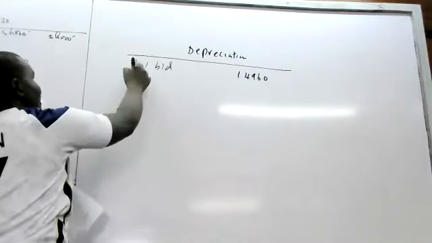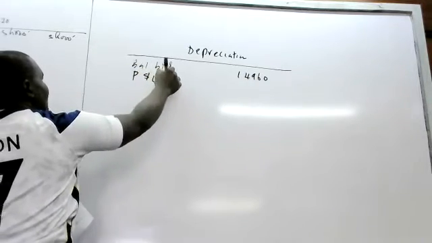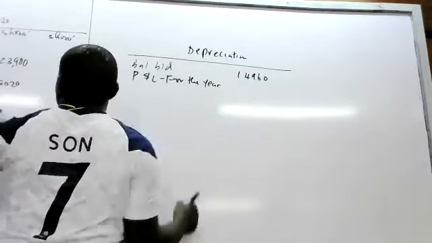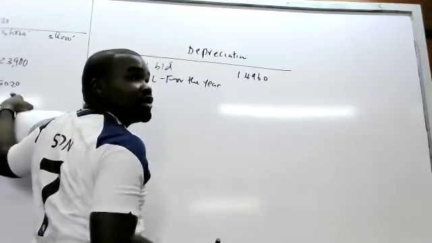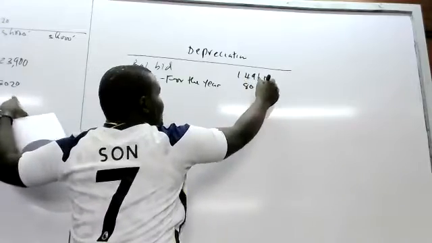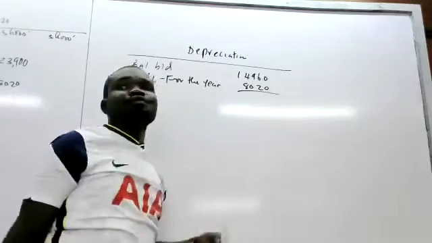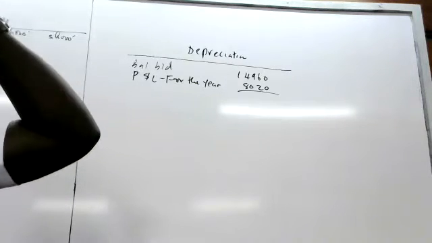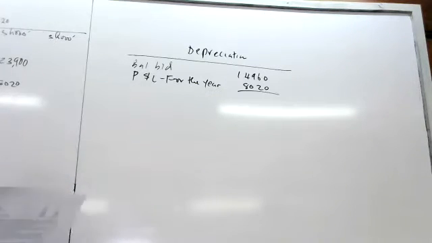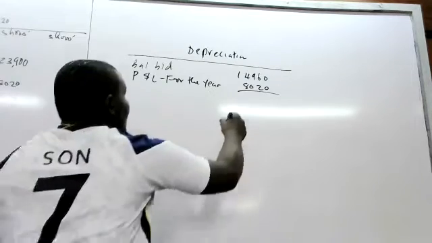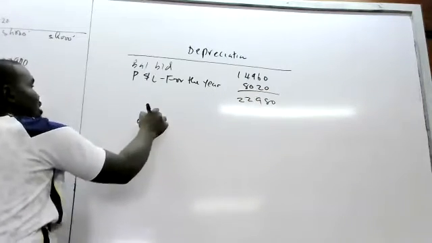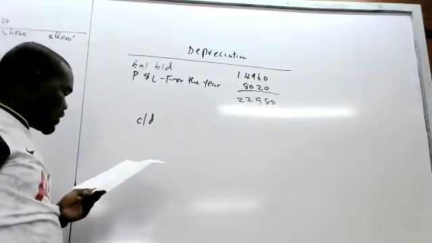Then P&L for the year. We were told they charge 80/20. Add for me those two. 22,98. Skip one line. According to the examiner, how much depreciation is there at the end of the year?